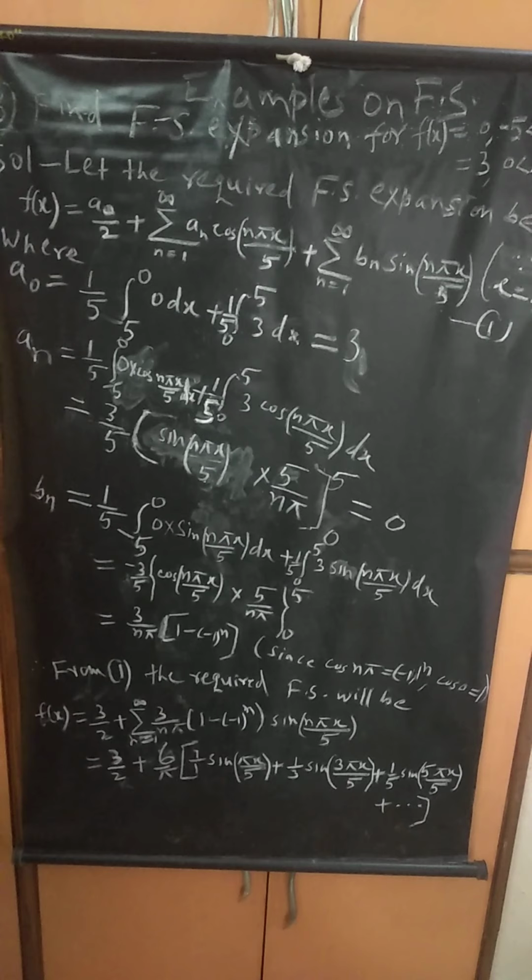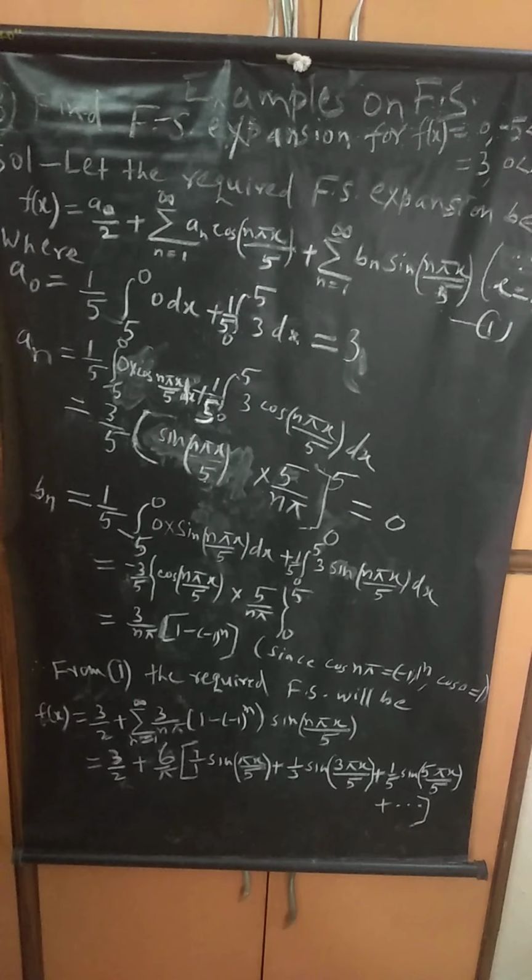The only thing left is to find the values of the Fourier constants a0, an, bn. So a0 is given by 1/5 integral from minus 5 to 5 of f(x) dx, but minus 5 to 5 is divided into two subintervals, minus 5 to 0 and 0 to 5.